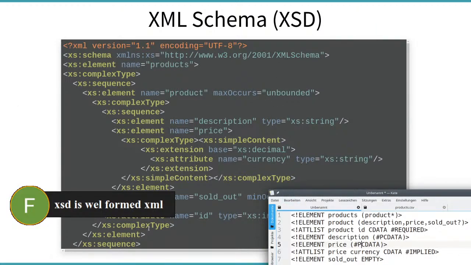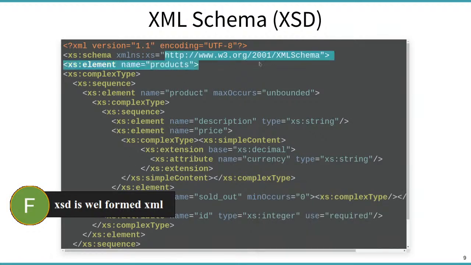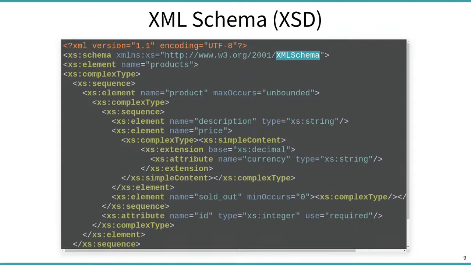So this makes it possible for checking whether a schema definition is valid with respect to the XML schema. So there is an XSD which describes how XSD should look like. So a meta schema.